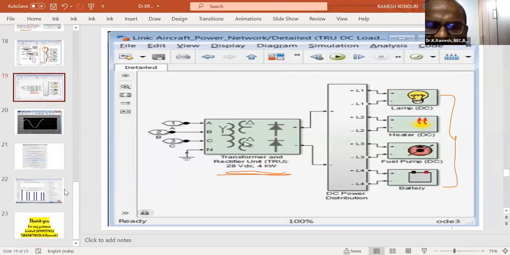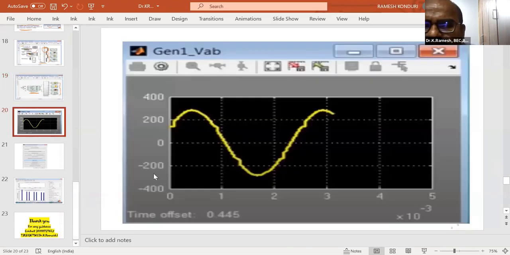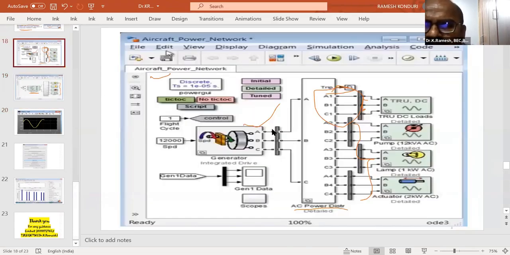From this system, this is the distorted waveform I obtained when the line-to-line generated voltage is taken into account.